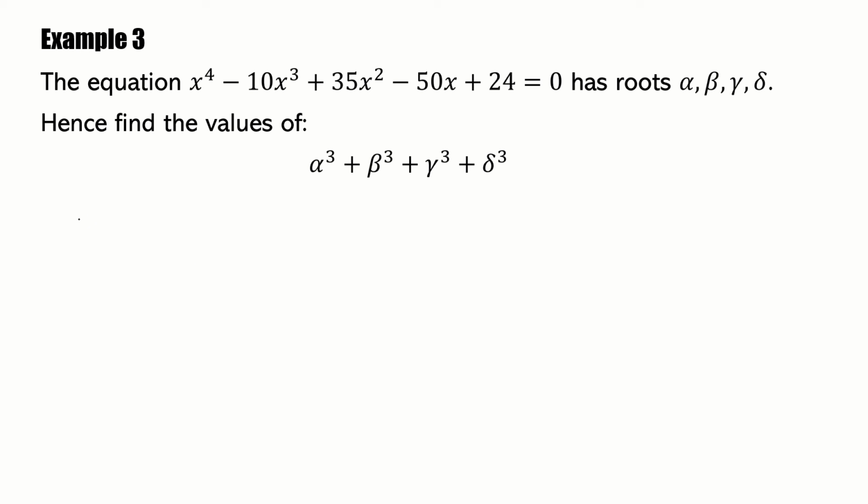So first of all, starting off by working out the things we're going to need to know, which is, for instance, the sum of the roots, which is minus b over a, which is conveniently just 10. The sum of the pairs of the roots, which is just c over a, which is just 35.